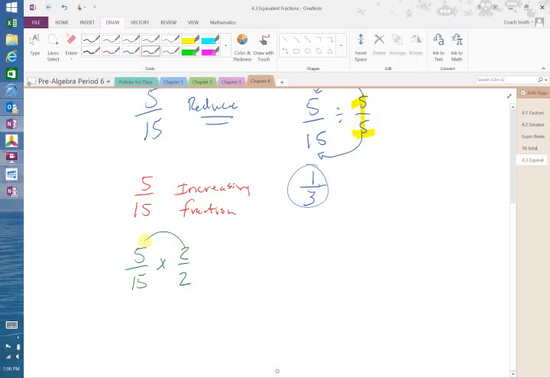Okay. 2 over 2 would give 10 over 30. Okay, so 10/30 and 1/3, all three of those fractions would be equivalent to each other. They all represent the fraction 1/3. Okay, each one of those is equivalent.